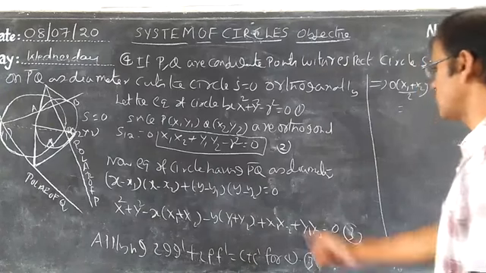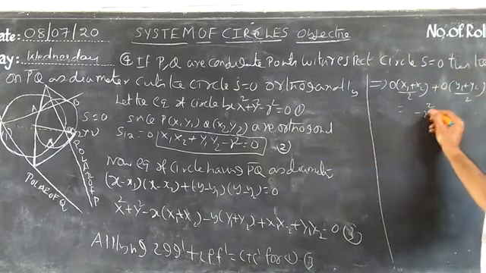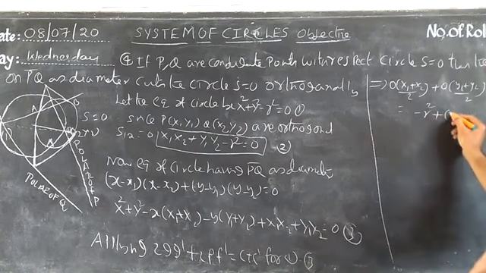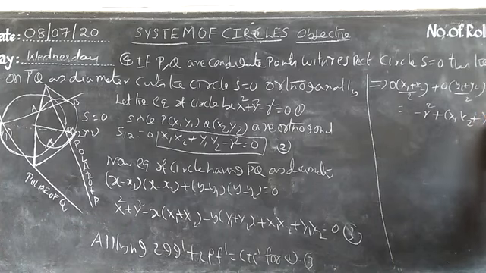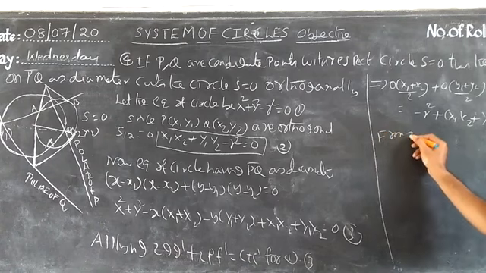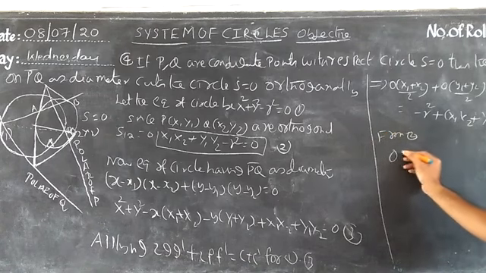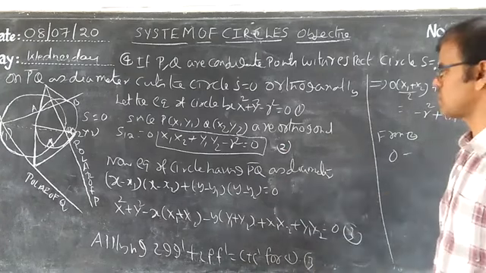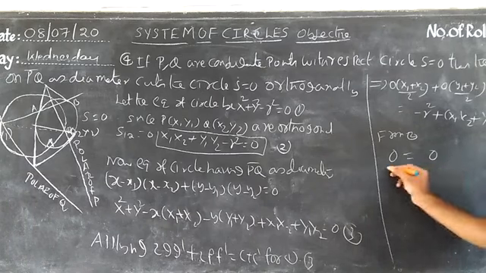So what is c1 here? Minus r square is c1, plus c2 here is x1 x2 plus y1 y2. So 0 is equal to x1 x2 plus y1 y2 minus r square, which becomes 0. So 0 is equal to 0.